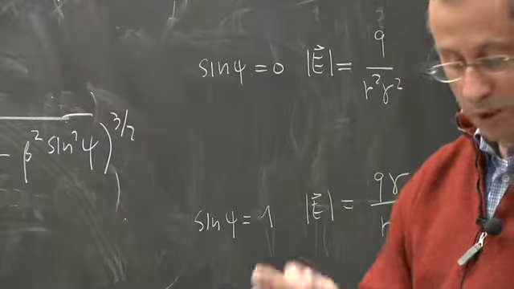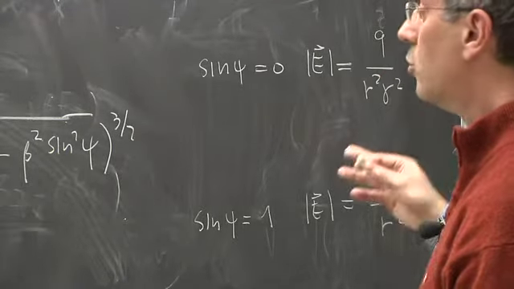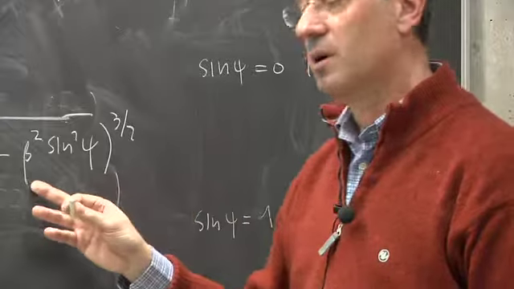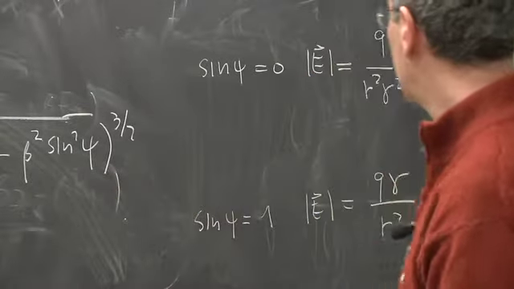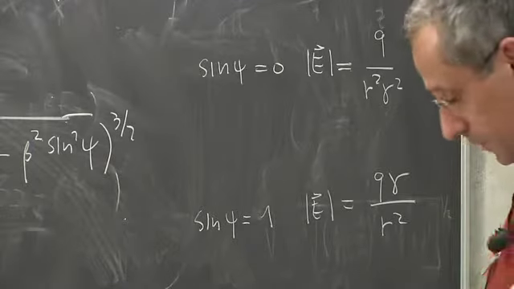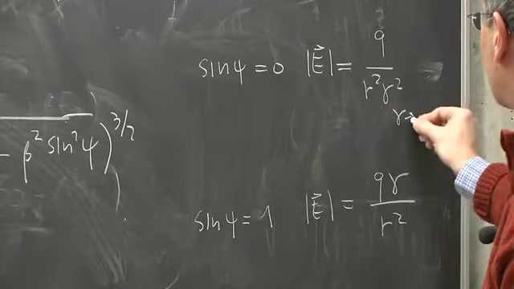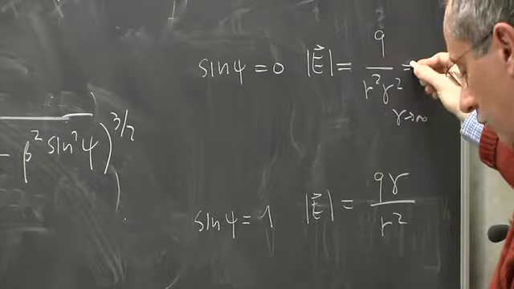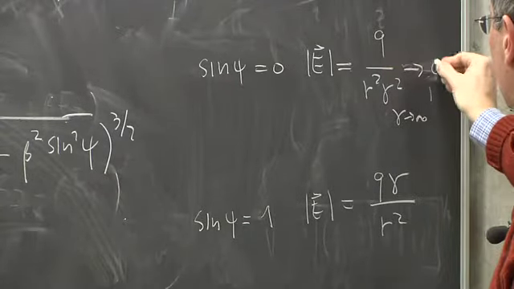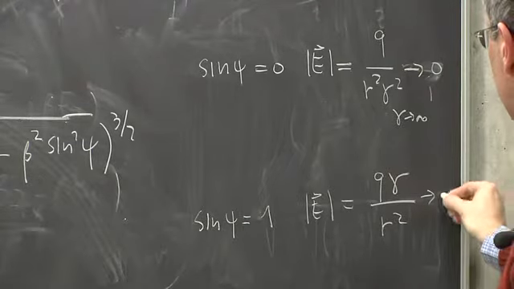So these are the two possibilities, the two directions. Then you see that when you keep on boosting now, beta goes to 1, and gamma goes to infinity. So gamma goes to infinity, then this goes to 0. Gamma goes to infinity, this goes to infinity.